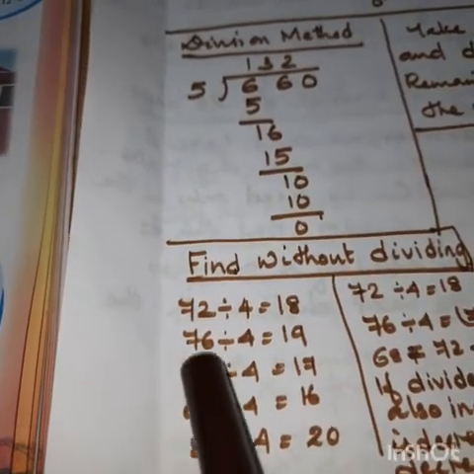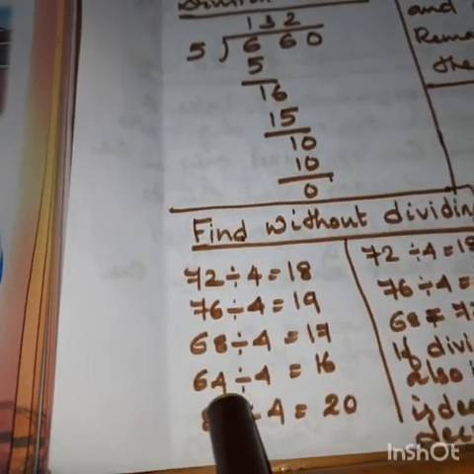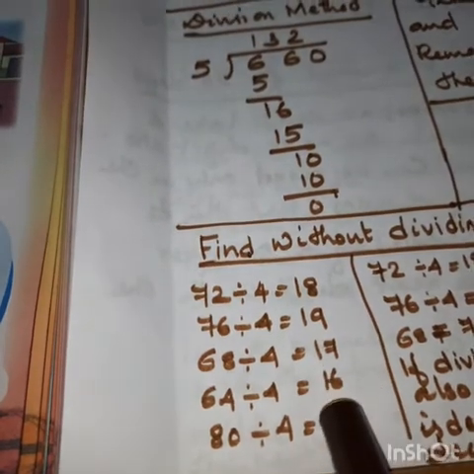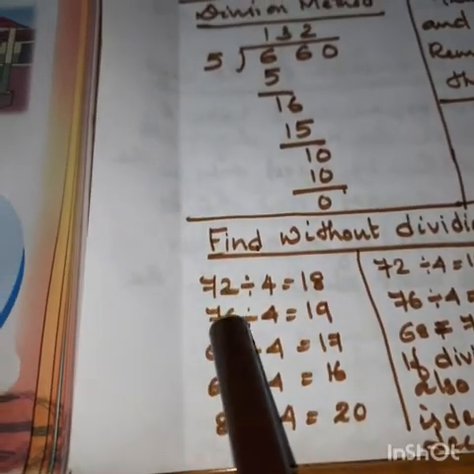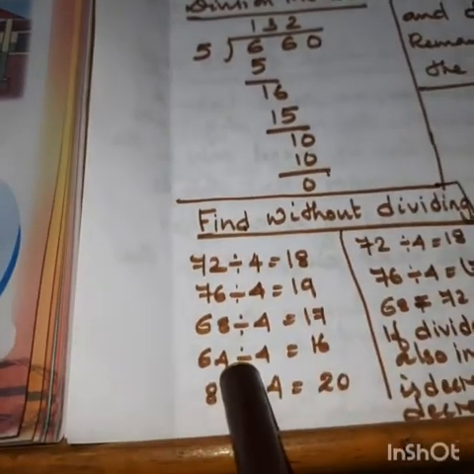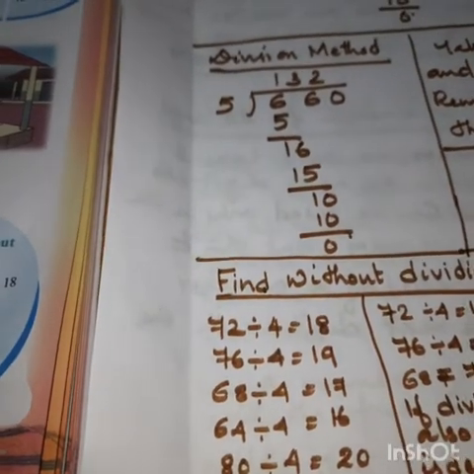Then 64. 68 minus 4 is 64. Here 1 four is less. Therefore, here also 1 is decreasing. That is 17 minus 1, 16. Then 80 divided by 4. 76 plus 4 is equal to 80. 1 four is increasing. Therefore, in the quotient 1 is increasing, that is 20.